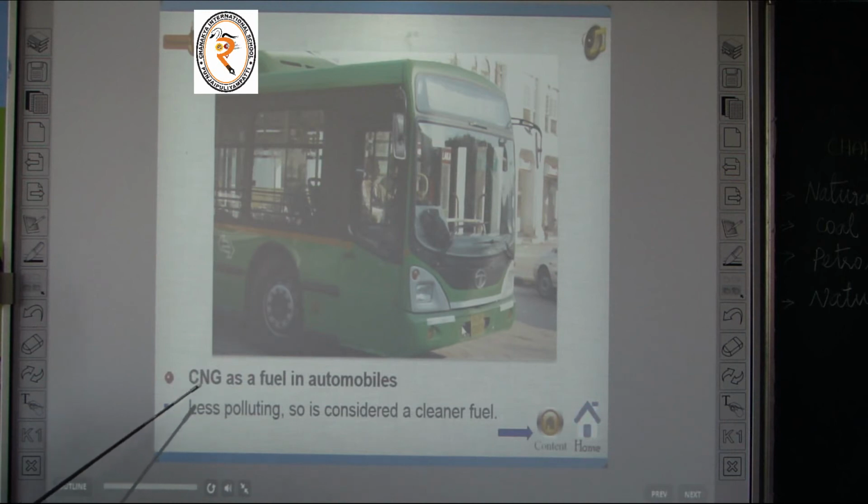This compressed natural gas is used as a fuel in automobiles like vehicles, two-wheelers, buses and so on. And it causes less pollution. So it is considered a cleaner fuel compared to other fuels that release carbon dioxide or carbon compounds. So they are also known as cleaner fuels. It cannot affect the earth or create pollution. Okay, and the next one.